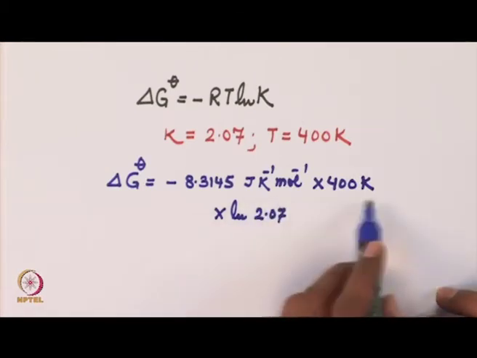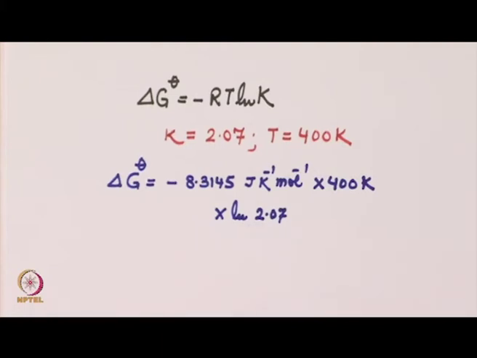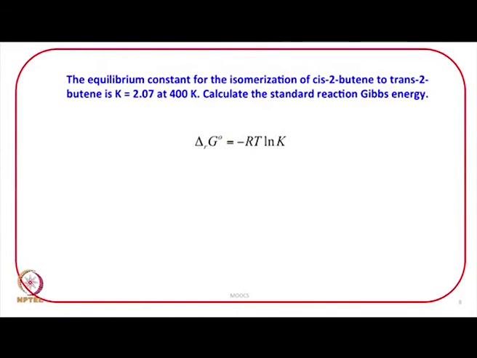And now you see the units, eventually it is going to give you a value in joules per mole. Let us take a look at the slide. The standard reaction Gibbs energy in terms of equilibrium constant, the equation that we just derived, and as I just showed, when you substitute the values, will turn out to be minus 2.4 kilojoules per mole.